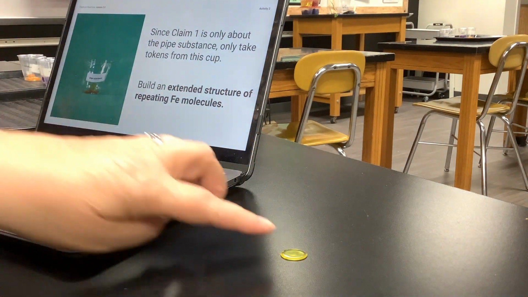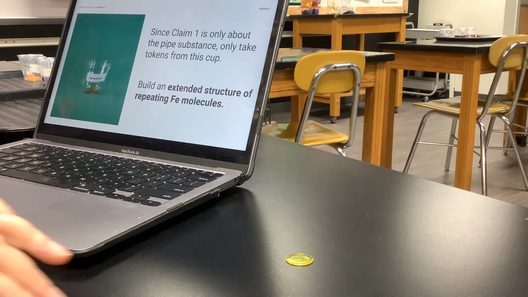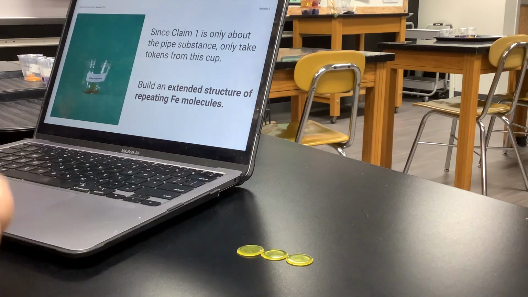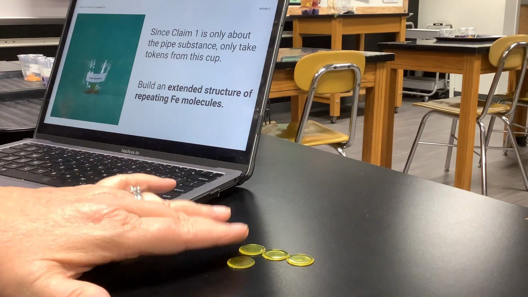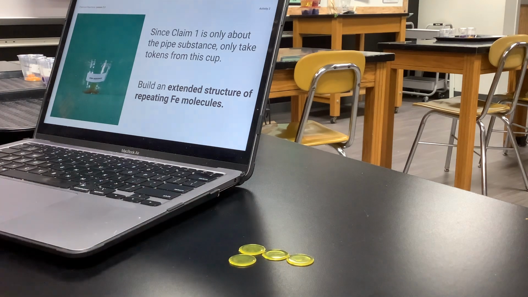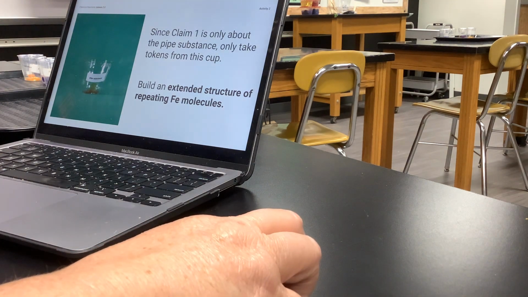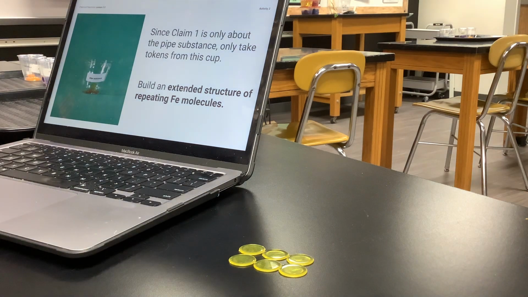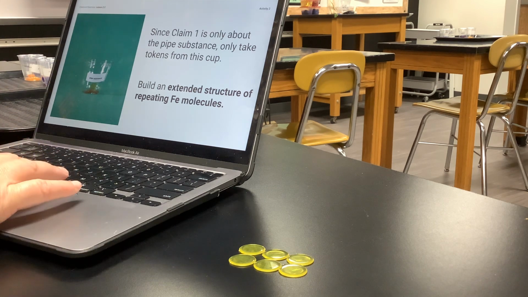So that is one iron atom, and we have an extended structure, which means that these atoms of iron create molecules, and then those molecules attach or link to each other to create an extended structure. So that's a great example of 6 molecules of iron, and this would be an extended structure.